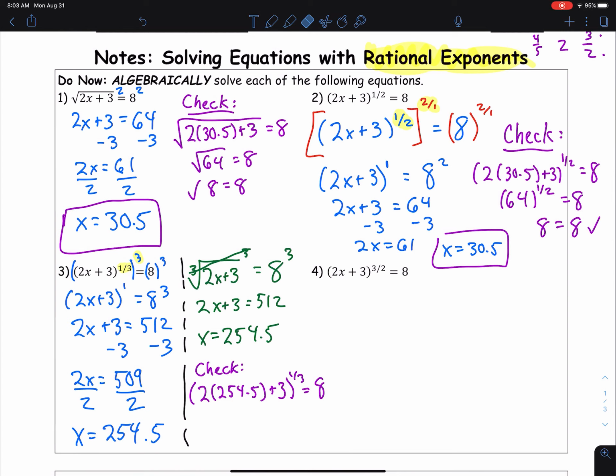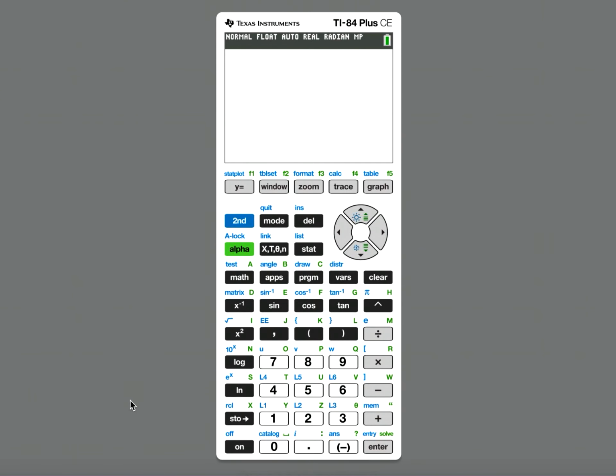And what I'm going to do in the calculator is I'm just going to type exactly what's on our left side of the check. So that would be 2 times 254.5, which was our x value. Make sure you close the parentheses. Plus 3, and I'm going to raise it to the power using alpha y equals to get a fraction, 1/3.